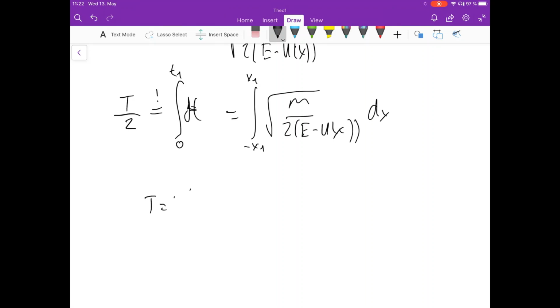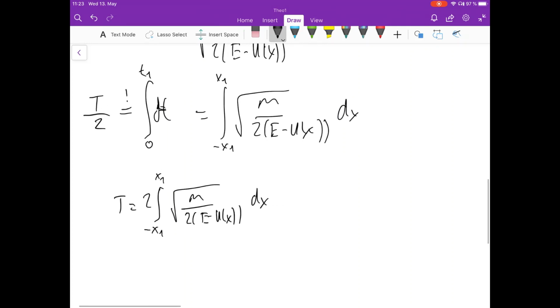So let's write it down. Then t is equal to 2 times the integral from minus x1 to x1 of the square root of m divided by 2 times e minus u of x dx. And m is not depending on x, so I can just plug the square root of m and divide by the square root of 2 out.